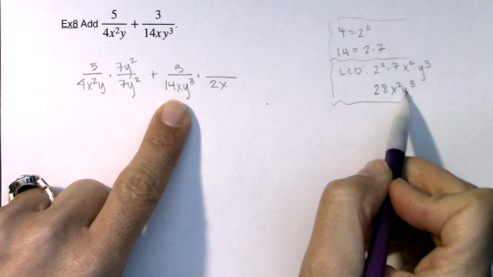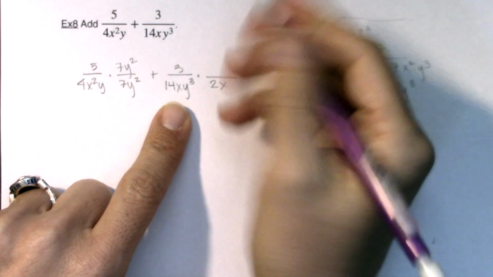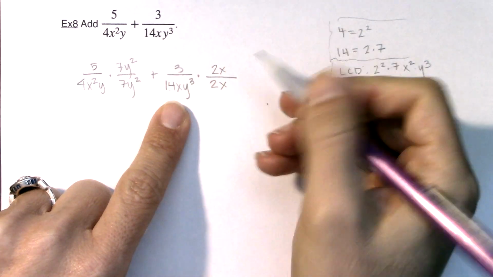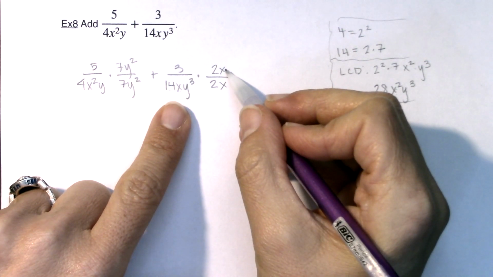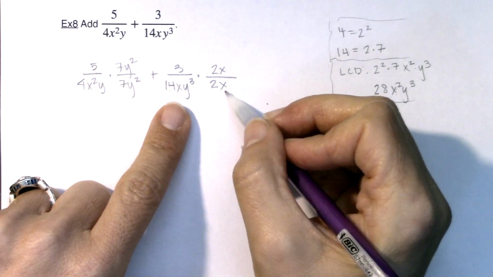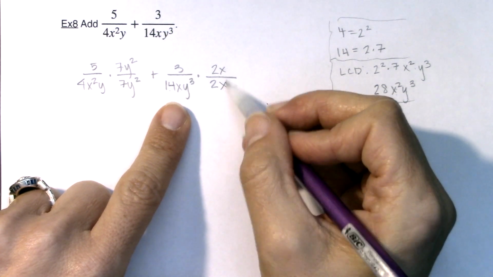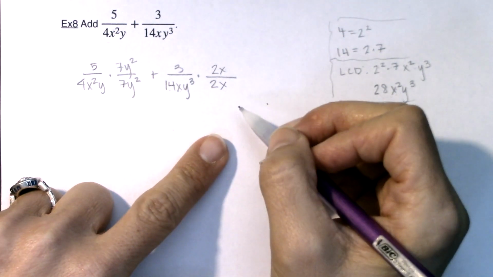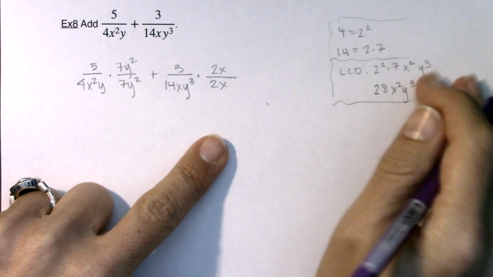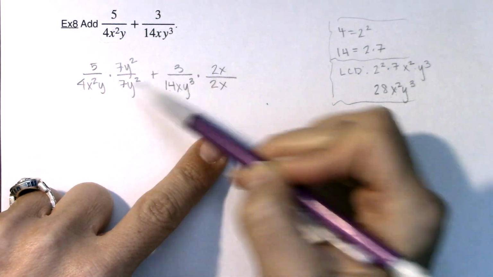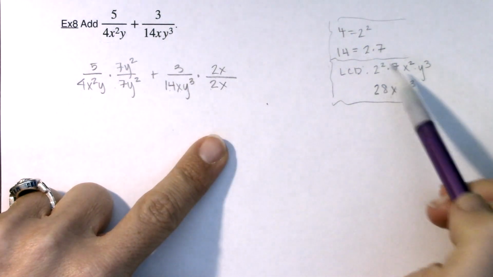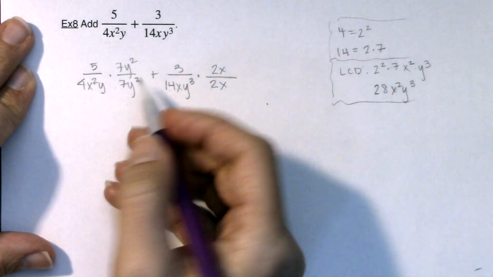And y cubed to y cubed, I don't need anything. So I just need a 2x here. And if I need a 2x in the denominator, I will balance that with a 2x in the numerator. Because again, 2x over 2x is 1, so you're not changing the problem. So once you find the LCD, you essentially multiply each fraction by whatever they're missing in their denominators to get to the LCD.